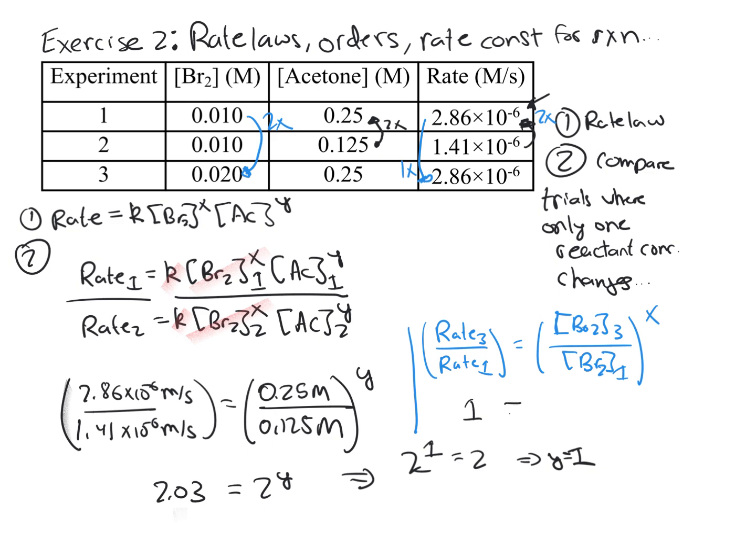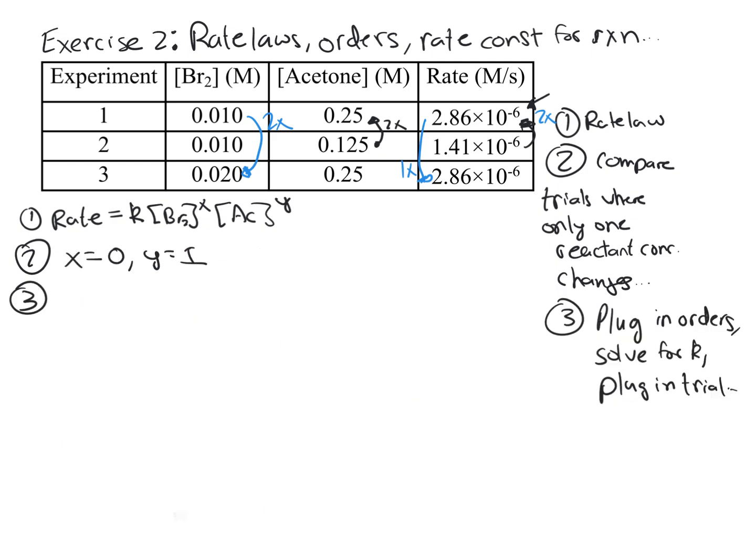And on the right-hand side, 0.02 over 0.01, that's a doubling, or a factor of 2x. So 2 to the power of x is equal to 1. The value of x that solves that equation is, as we said earlier, 0th order. X equals 0. It is independent. It means that in this case, BR2 doesn't affect the rate of this reaction at all. That's very important information about the reaction.